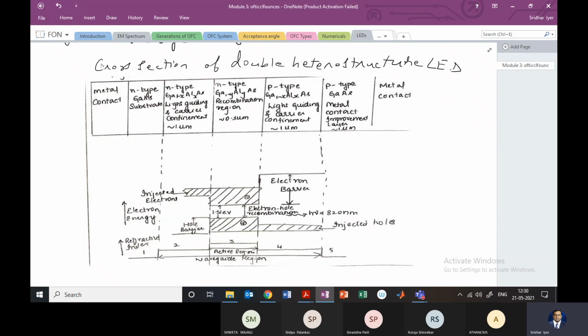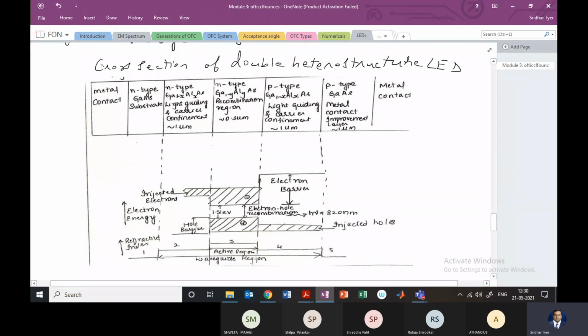Right? So this is showing us the cross section of the double heterostructure LED, and it consists of two different alloy layers on each side, right? So if you see, it is going to consist of the N type, and it is going to consist of the P side, and then you also have what is known as the active region. You can see in the diagram there is something which is specified.